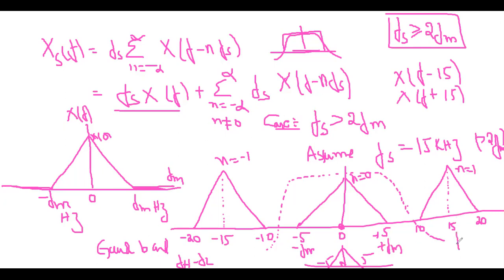And this is FS, the sampling frequency. What is this point here? FS minus FM, and this point is FS plus FM, and here this point is minus FS plus FM, and this one is minus FS minus FM.